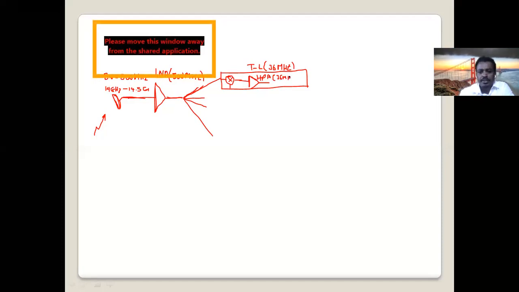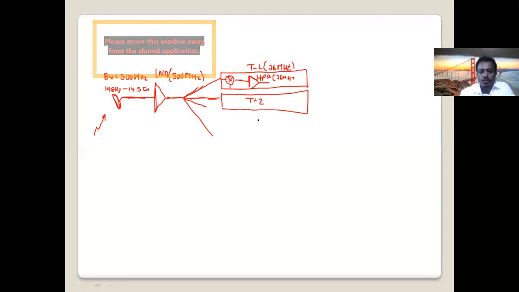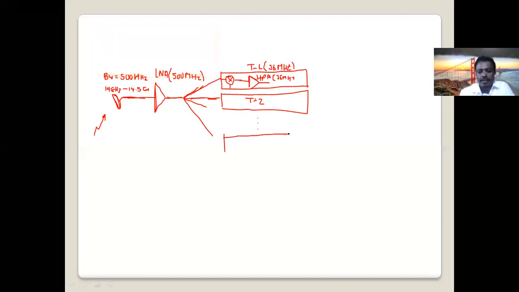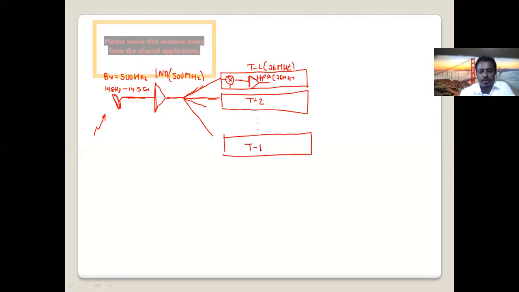Okay, 36 megahertz carrier. There is another transponder, transponder number 2, and it continues. So in one satellite, there are 12 transponders, up to transponder number 12.